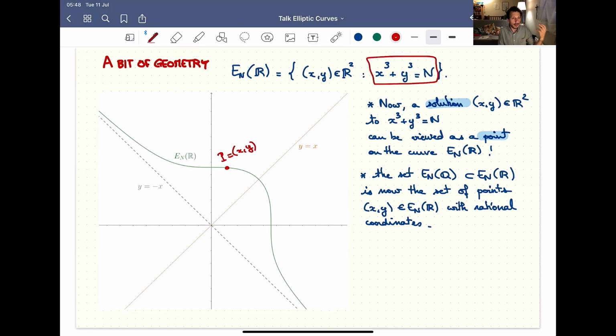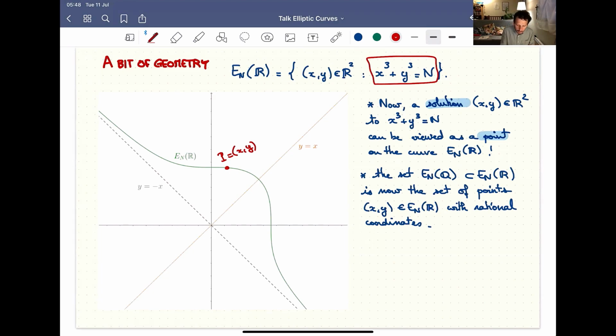In the rest of the lecture, I will probably use these two words interchangeably, solution to the equation and point on the curve. Are you convinced? It's the same thing, just two points of view on the same question.